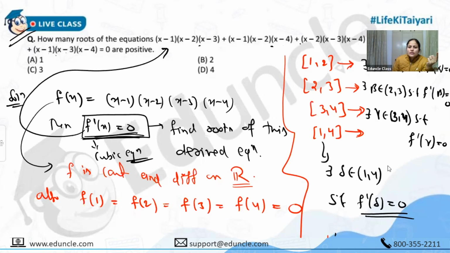Delta can be any between 1 to 4 ना, मतलब इन तीनों इंटरवल्स में से कुछ रहेगा. So your delta can be any among alpha, beta and gamma. So it is useless. Correct? So this equation has exactly 3 positive roots. One root between 1 and 2, another root between 2 and 3, and the last root between 3 and 4. So the C option is correct.